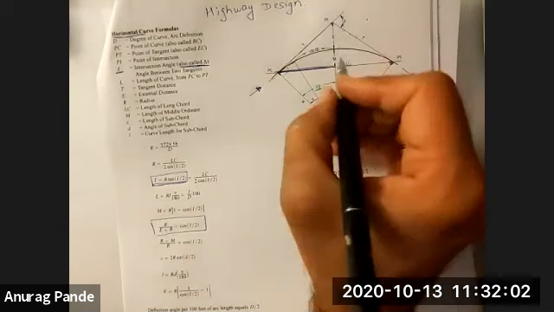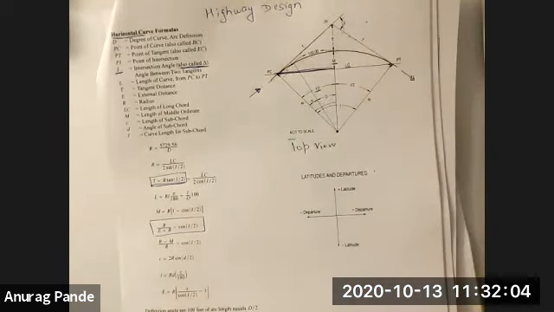Now this is a very important formula, M, because think about how this is all going to come back to your design distance.